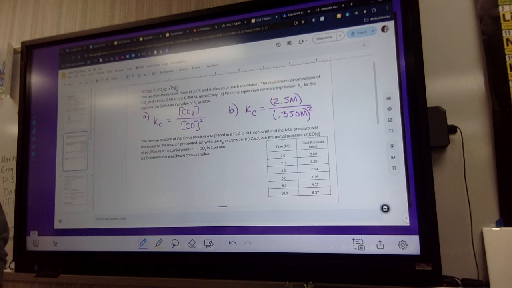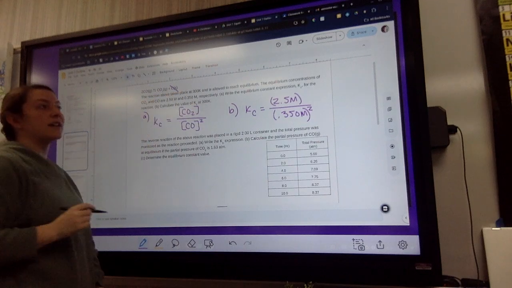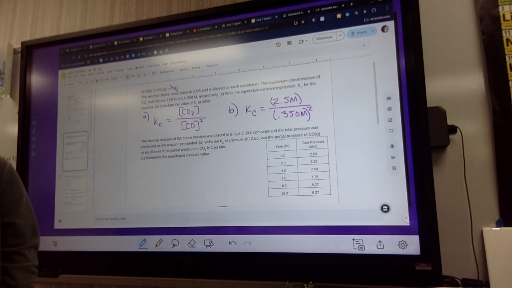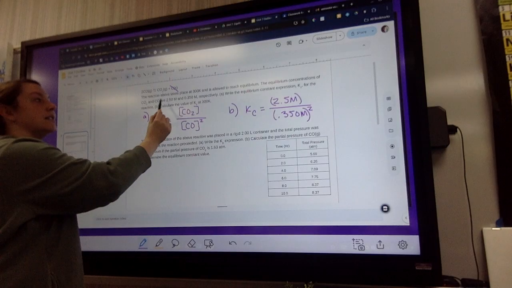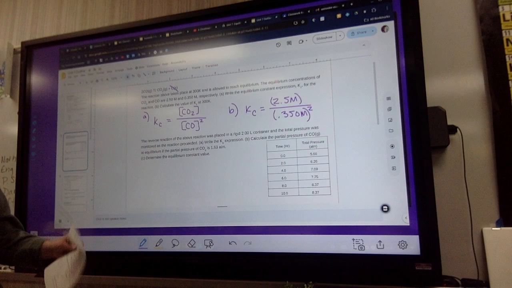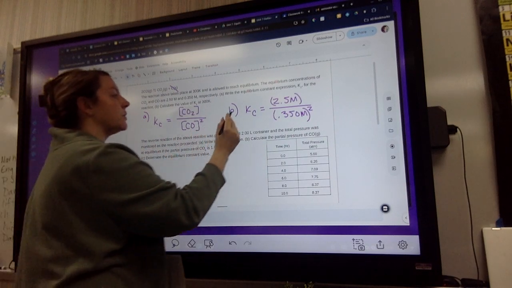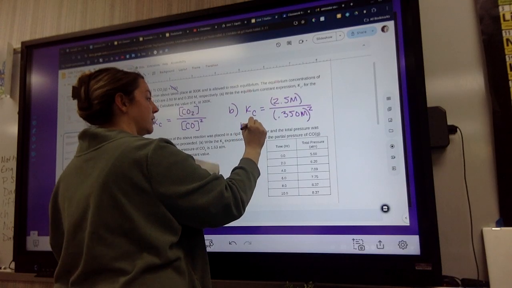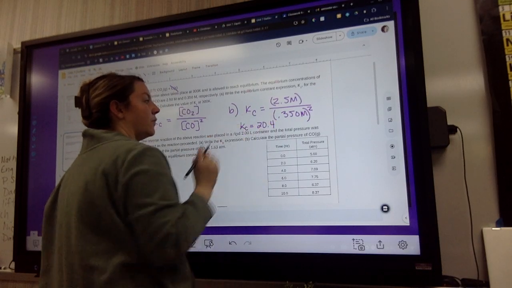We're going to give 3 sig figs. 300 Kelvin is only 1 sig fig, but it's not utilized in the calculations at all. We only are using these two numbers. They each have 3 sig figs, so we're going to report 3 sig figs. So we get that our Kc is equal to 20.4.